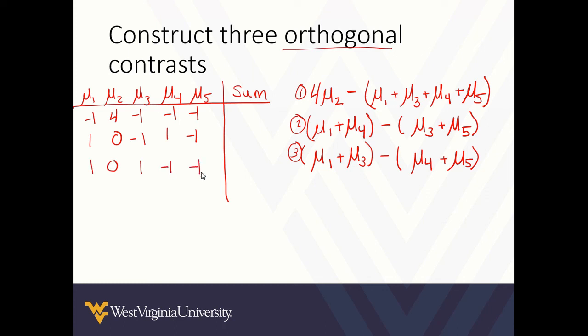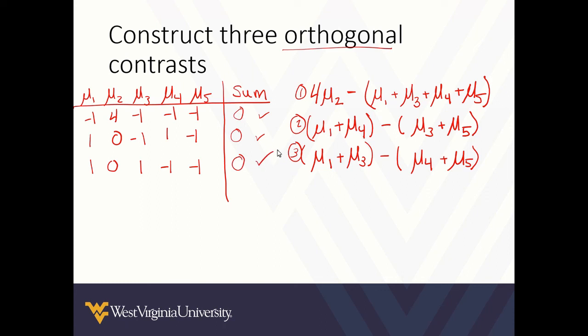So to start off, let's make sure these are all contrasts. Negative 1 plus 4 plus negative 1 plus negative 1 plus negative 1 is 0. That checks out. 1 plus 0 plus negative 1 plus 1 plus negative 1 is 0. That checks out. 1 plus 0 plus 1 plus negative 1 plus negative 1 is also 0.